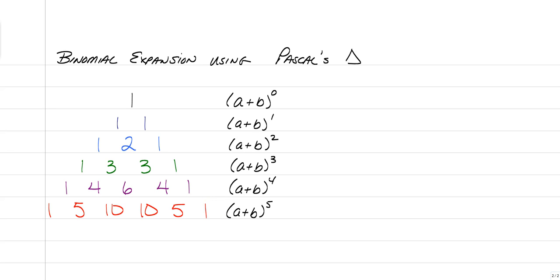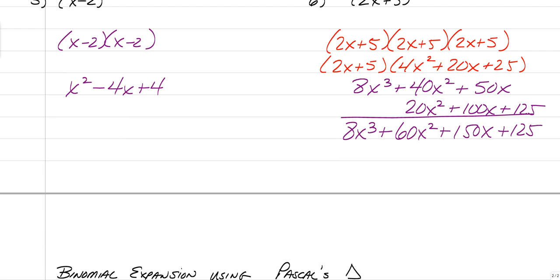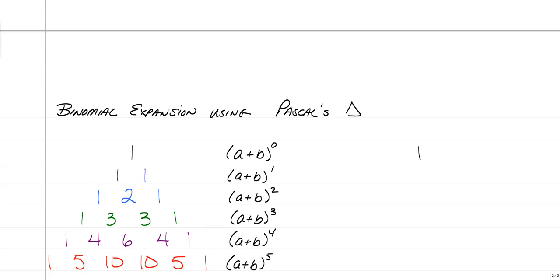And what the binomial expansion means is we can FOIL out, multiply out, expand any binomial that's raised to the 0 power, which, of course, would be 1. All the way out to a plus b raised to the 5th power, or in like the last example, 2x plus 5 cubed.